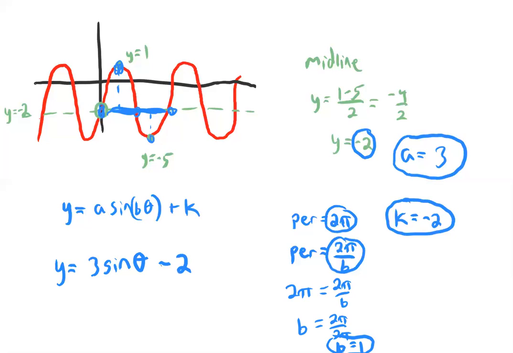And again, you can check this on your graphing calculator. Make sure you are in radian mode. When you click on window on your graphing calculator, you can do your x min is -2 pi, your x max is 4 pi, your y min would be -5, and your y max would be 2, just like on your notes.